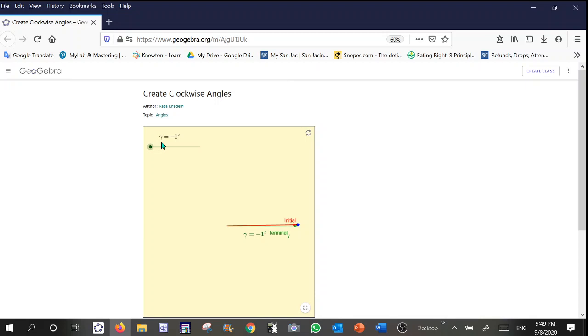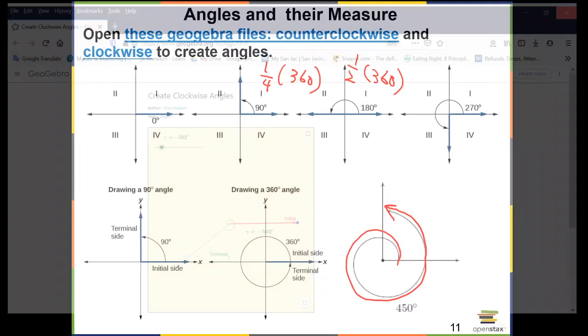So you see, this is a negative angle going the other way around and making negative angles. A negative angle could be bigger, in absolute value, than 360. See, that's 360, and then this is negative 400 something. See that? So angles could be bigger than 360 degrees.